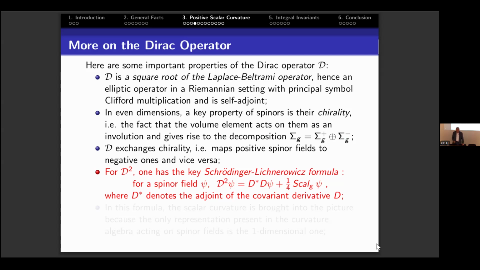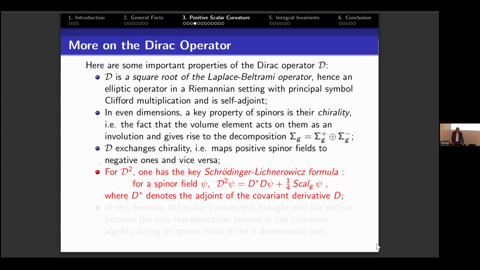So you see the only appearance of the curvature in this formula. You expect that there should be a curvature term, but the only part of the curvature which matters is the scalar curvature. And this is really a fundamental property due to representation theory. It's because the scalar curvature is the irreducible component in the trivial representation that it appears there.